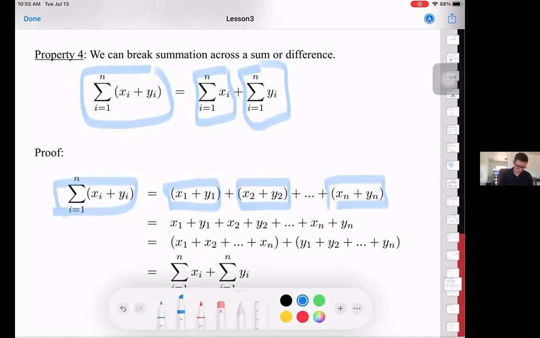We're just going to take all of the x's and put them together: x1, x2, and xn all in the same parentheses, and y1, y2, and all the other y's in the same parentheses. And then it's pretty simple to see that this is just the sum of xi, and this is just the sum of yi.